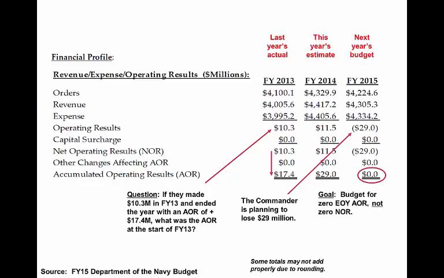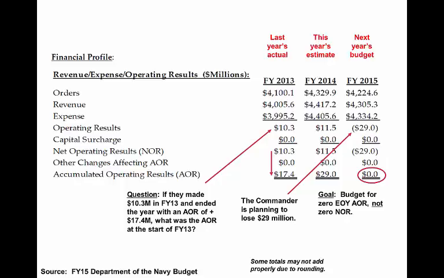To get to an AOR of 0 in the budget year, we need to estimate what the results will be in the current year, because when that FY15 budget is submitted, we're only about 3 or 4 months into fiscal year 14. So the estimate is that fiscal year 14 will end with an AOR of $29 million. So therefore, we will budget or plan to lose the $29 million in the FY15 budget, bringing us to our goal of an accumulated operating result of 0.